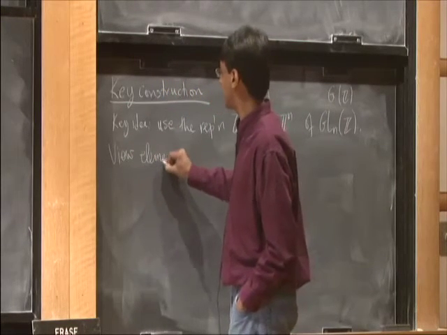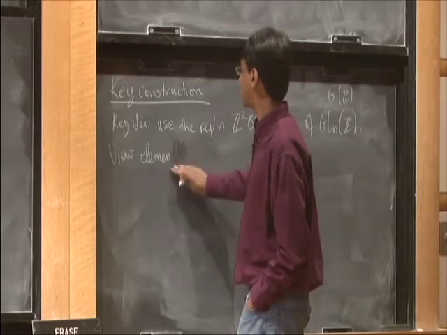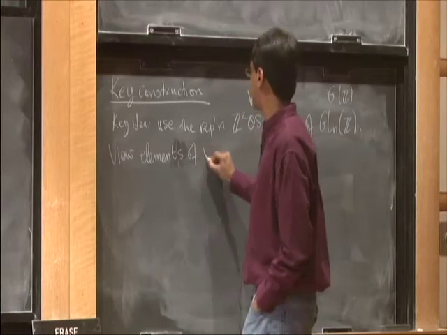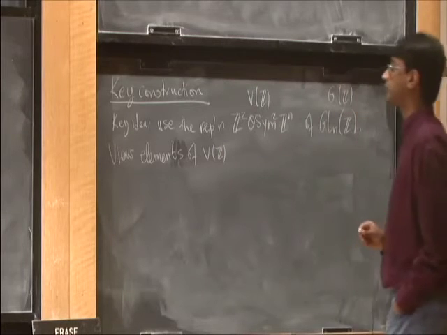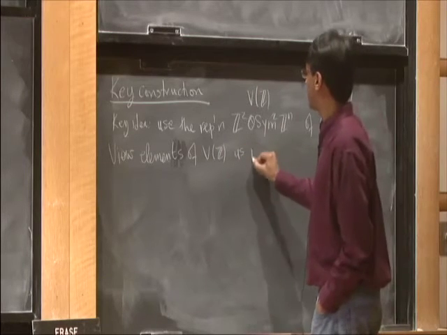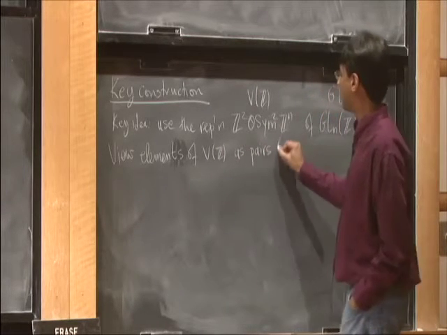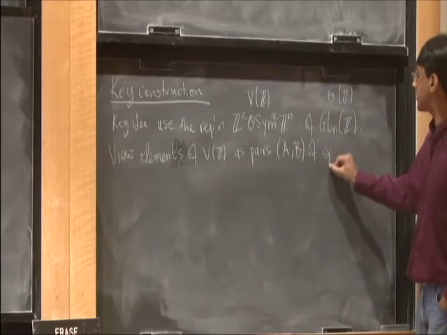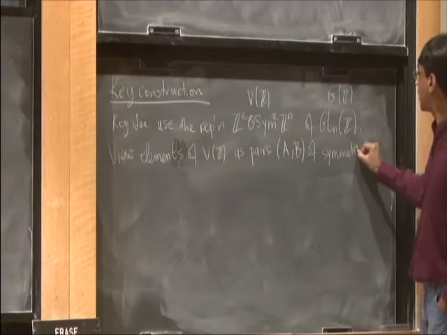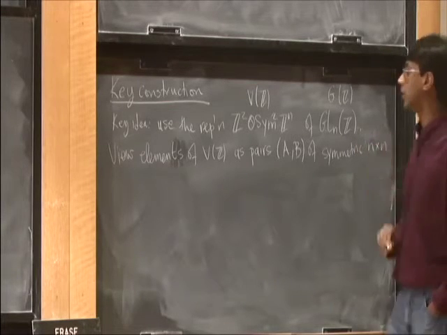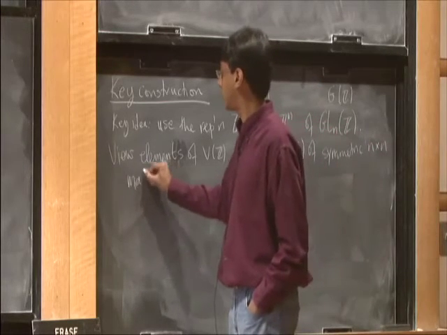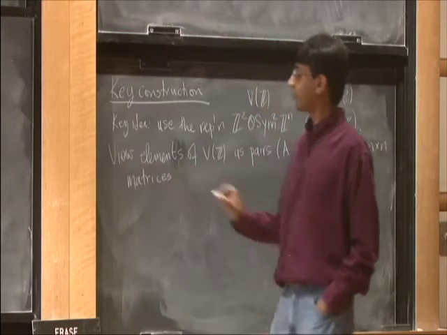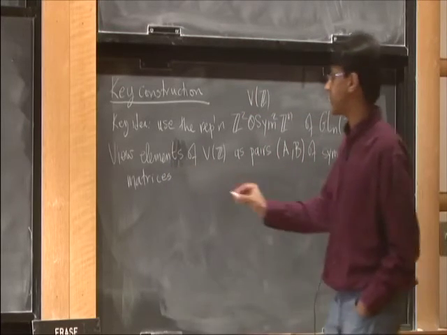So I'll view elements of V of Z as pairs A, B of symmetric n-by-n matrices with integer entries.